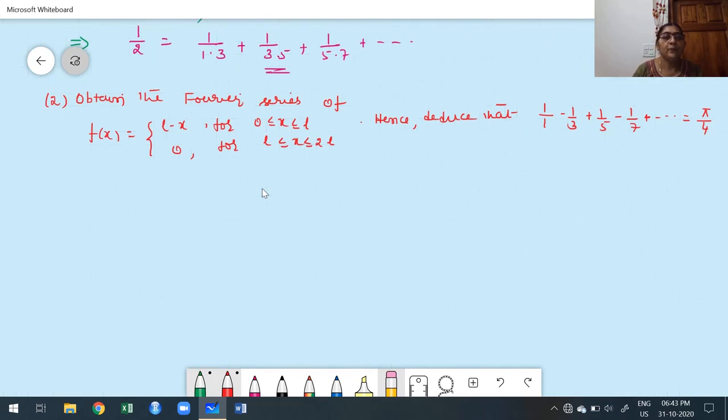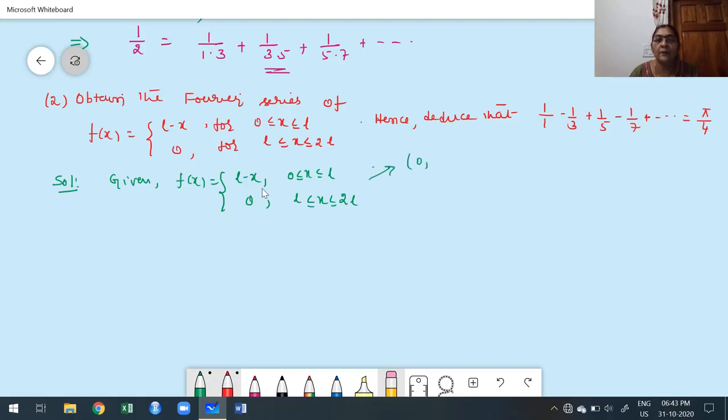Solution. What is the given function here? The given function is f of x is equal to L minus x for x lies between 0 to L, 0 for x lies between L to 2L. Whenever they give a splitting function, you know how to take our overall interval.